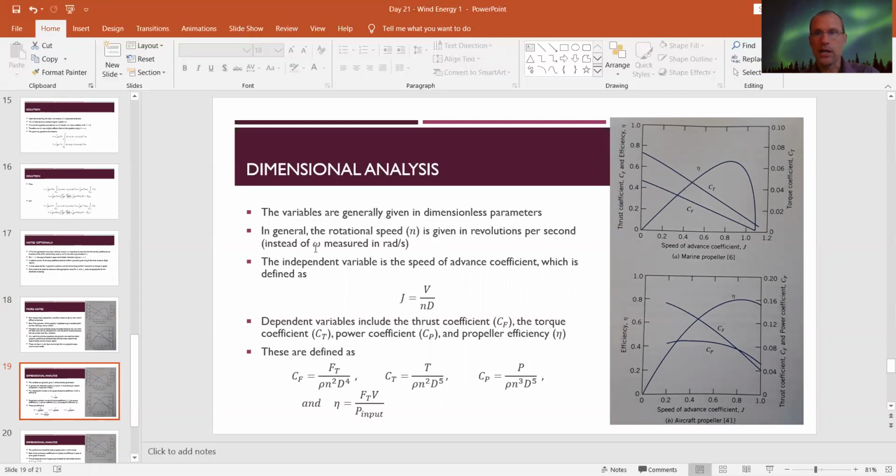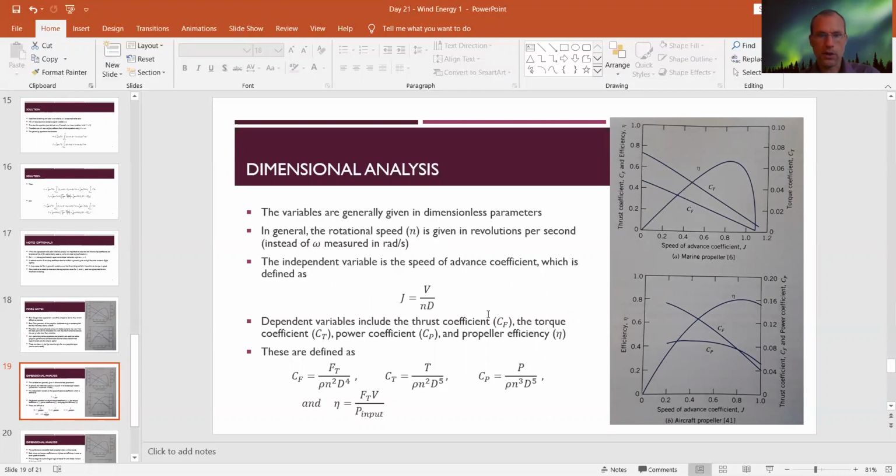So it's basically the same as omega, but in different units: omega is always in radians per second, while n is in revolutions per second. And d is the diameter. That gives you a dimensionless value for the x-axis that these things are compared to.